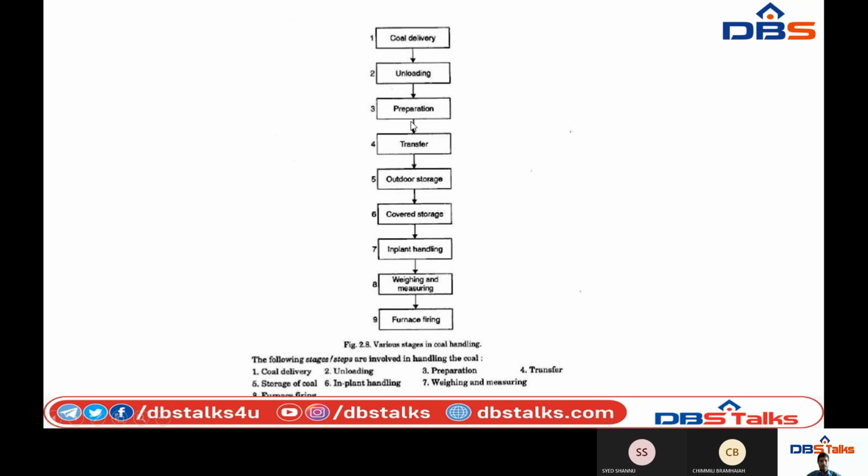Crushing means splitting the pieces into small particles according to our requirement, based on 10 mm or 20 mm, 3 mm or 5 mm. It is based completely on our requirement. After that we transfer it to outdoor storage by means of coal conveyors.